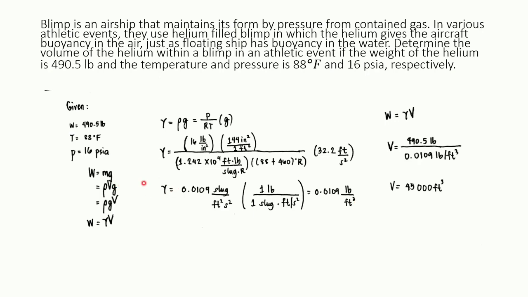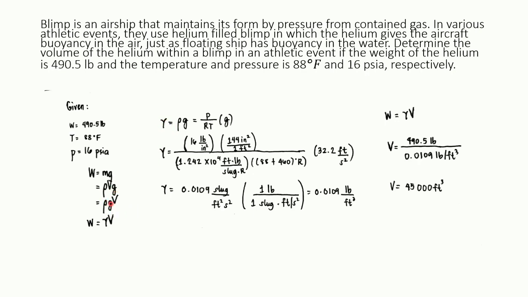Since we already have our specific weight and we are looking for the volume of the helium within the blimp, we are going to come back here. We know that weight equals mass times gravitational acceleration, and mass equals density times the volume, and density times gravitational acceleration is the specific weight.